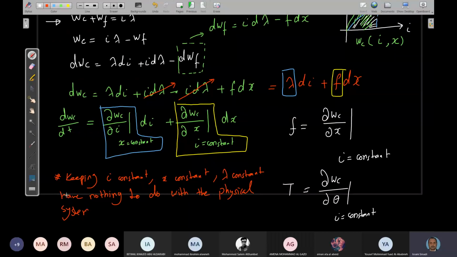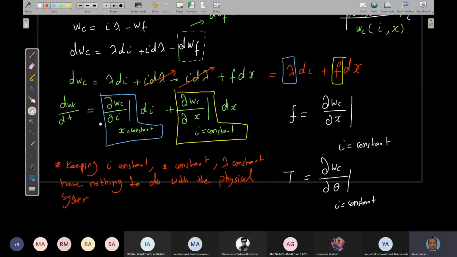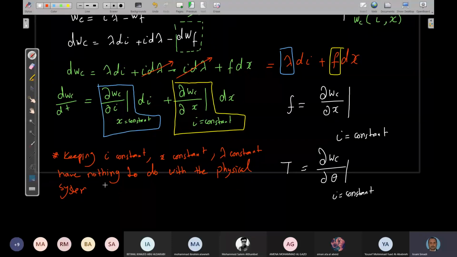It's only a mathematical requirement. In order to do the chain rule, I must fix the variable. So it is only a mathematical requirement.